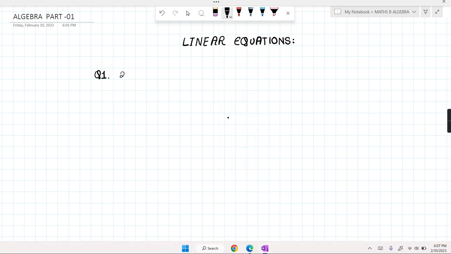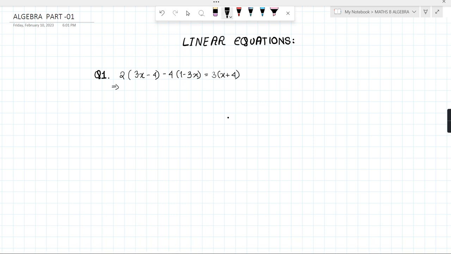The question was 2(3x minus 4) and then 4(1 minus 3x) is equal to 3(x plus 4). Right, so at first we need to remove the brackets. That is, we need to multiply the 2 with everything inside the bracket, then 4 with everything inside its bracket, and then 3 with everything inside its bracket.